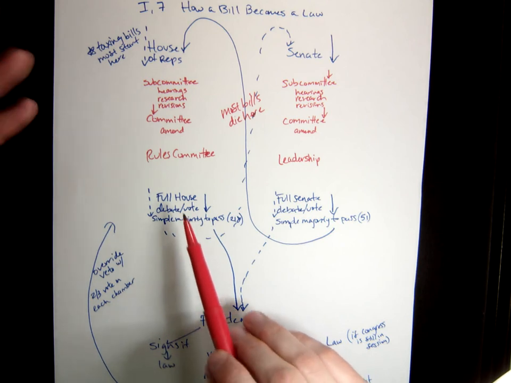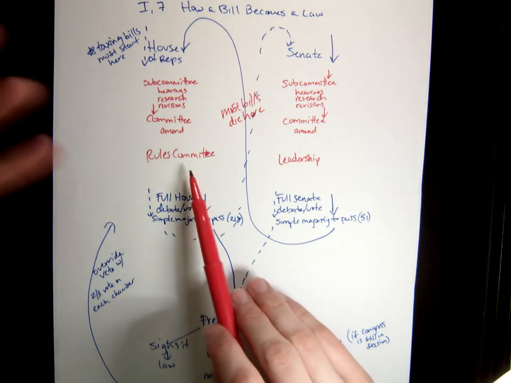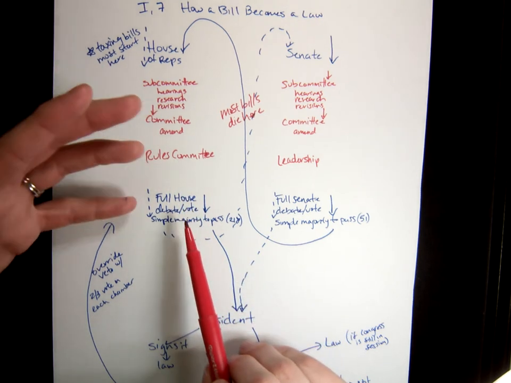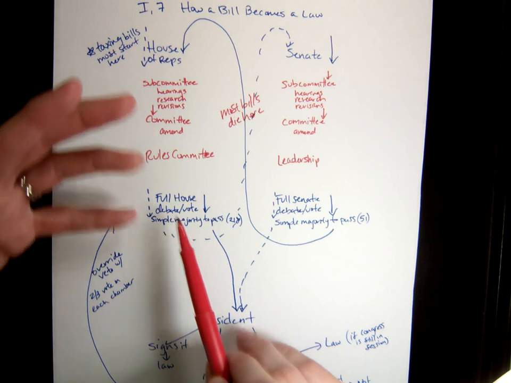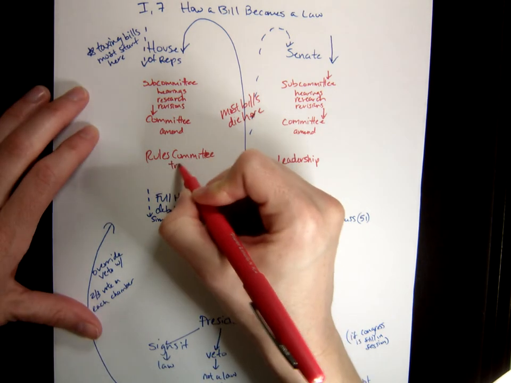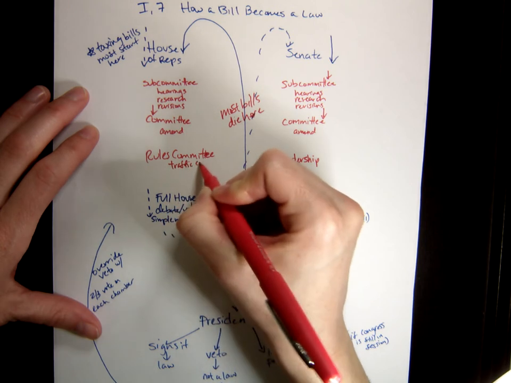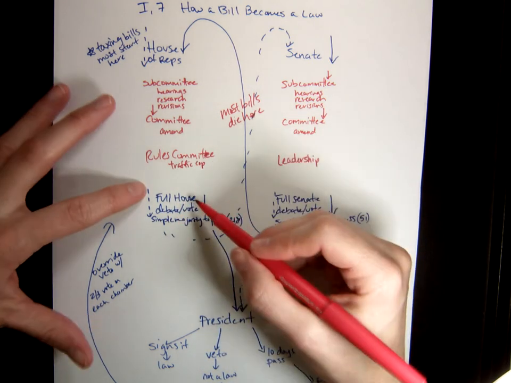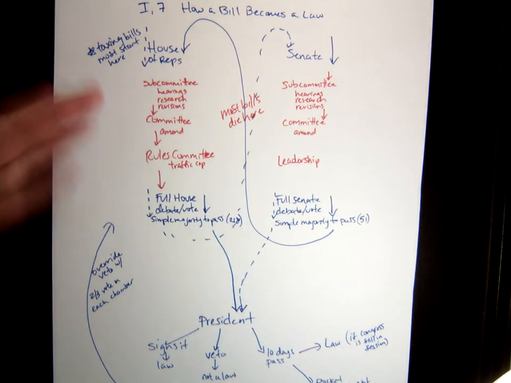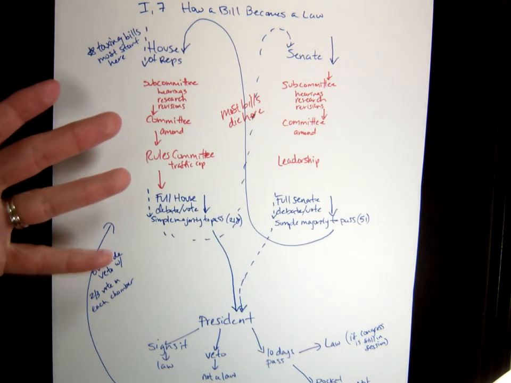So the Rules Committee is really powerful because it determines not only if and when we're going to debate and vote on something, but how we debate and vote on something. It's kind of like a traffic cop. It's going to help make things move fast, or at least faster, in the House, which is totally needed because there's 435 people there, so there have to be ground rules.